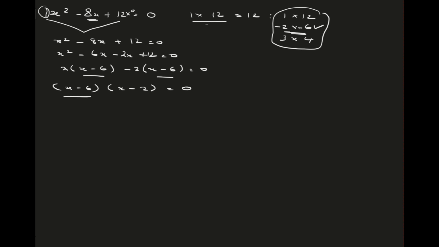So we can make either of these two factors 0 to get 0 here. So we can say x minus 6 equal to 0, or x minus 2 equal to 0. And then x minus 2 plus 2 equal to 0 plus 2, so they cancel out.